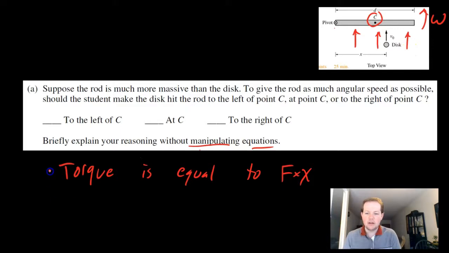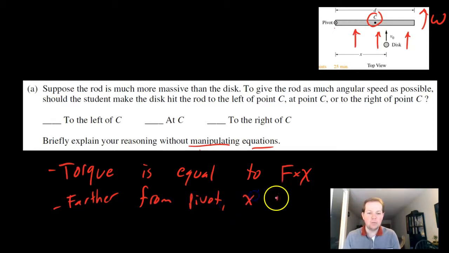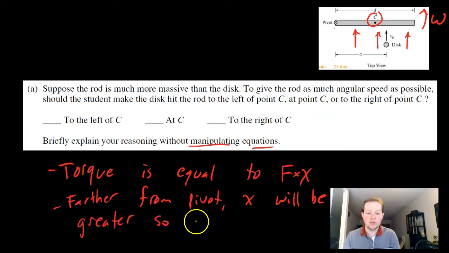Okay, so farther from pivot, x will be greater. So torque is greater. More torque means more speed.